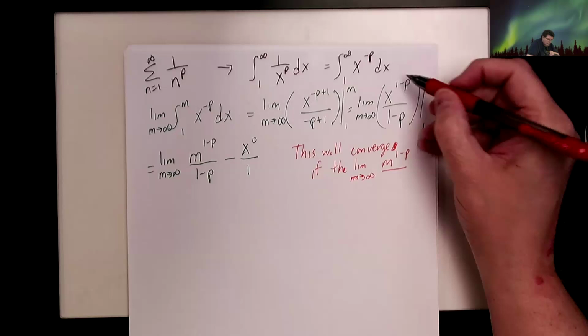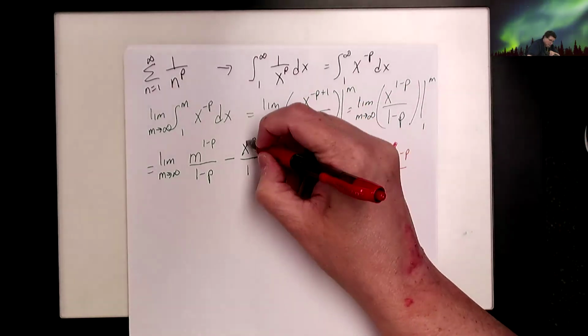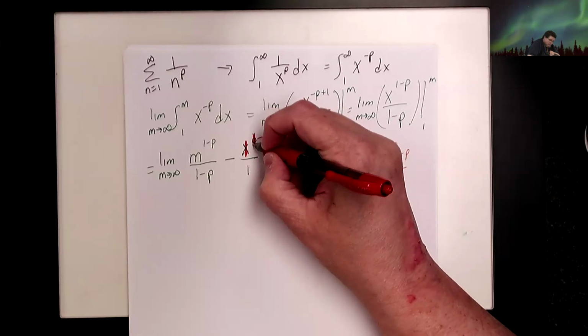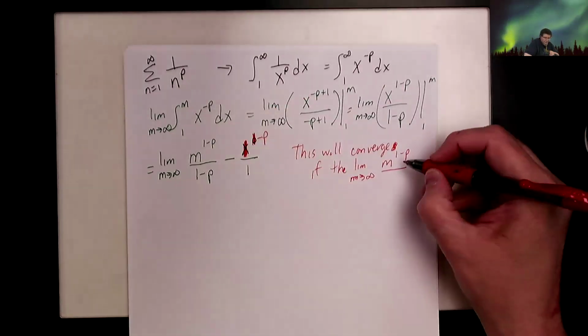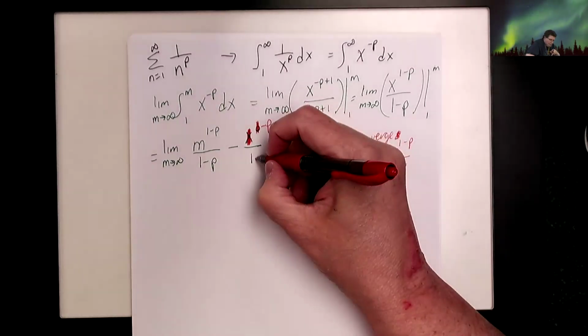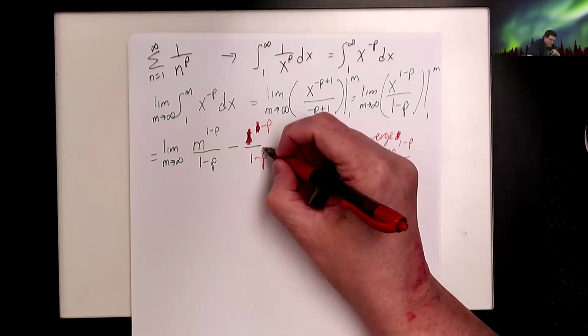I plugged in the wrong spot, it's 1 to the 1 minus p. But 1 to the anything is 1, right?